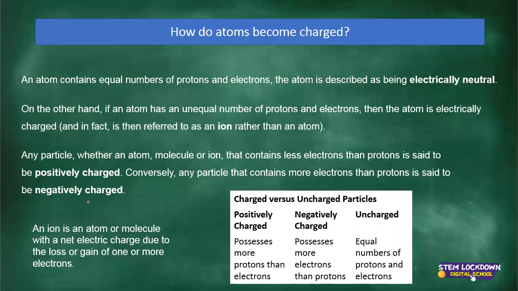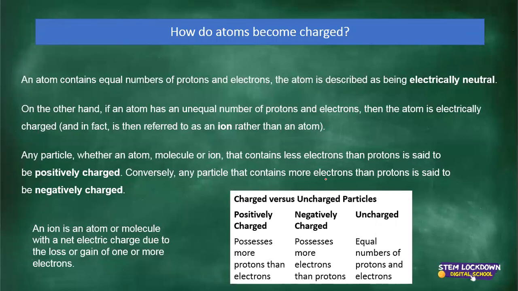You can think of an easy way to remember it. For less electrons, you can make up an acronym like LEP. LEP means less electrons, positively charged. And then MEN, which spells men, means more electrons, negatively charged.